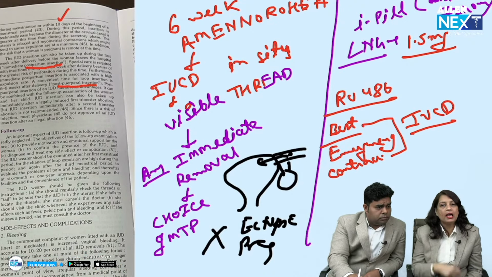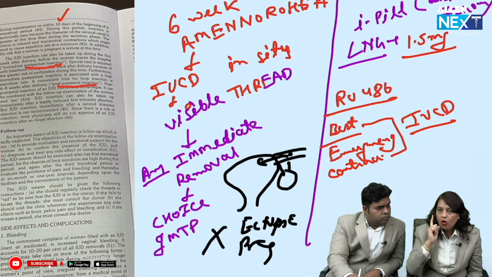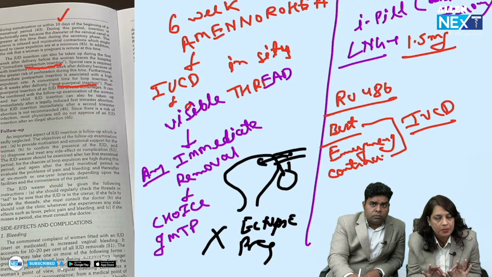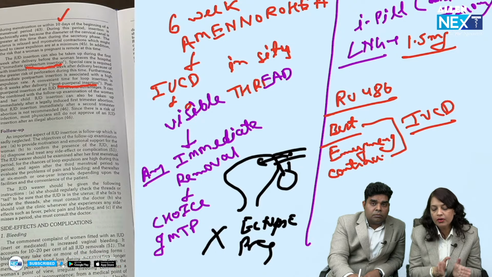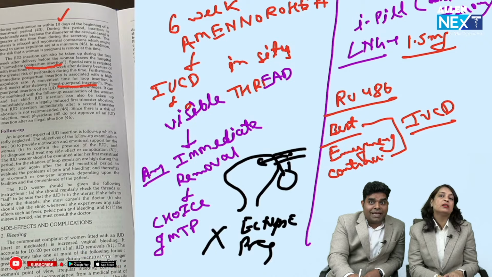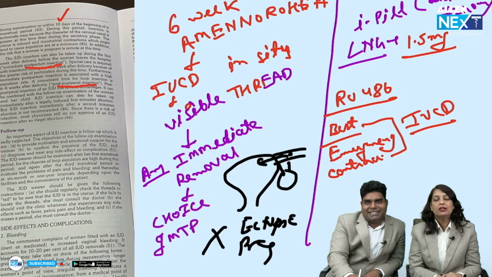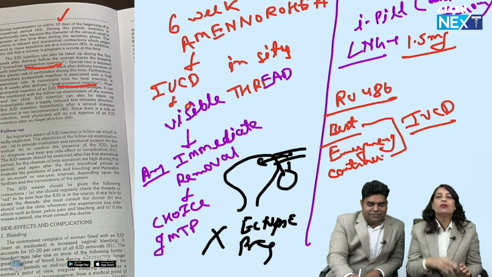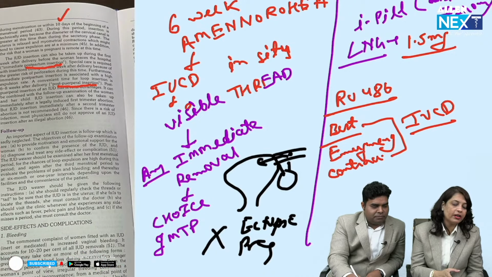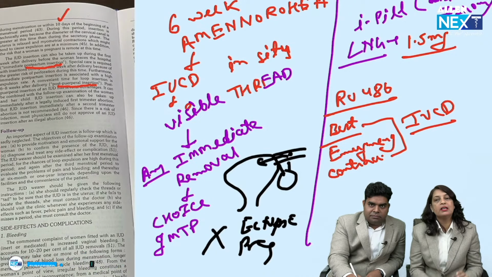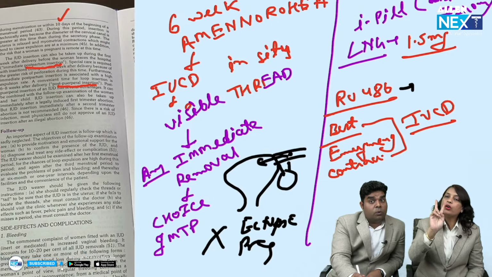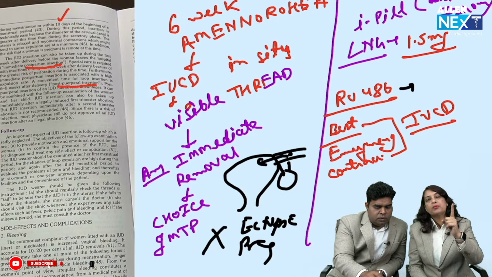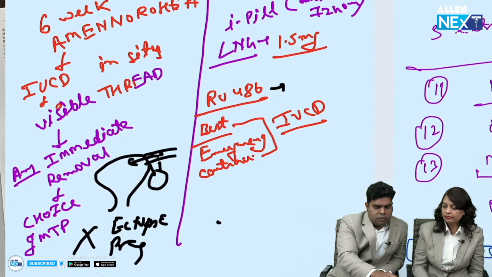Can you tell me any other hormonal emergency contraception not available in India, but used worldwide outside? That is ulipristal, 30 milligram within 5 days of unprotected coitus. Ulipristal is a selective progesterone receptor modulator. It has only two uses, emergency contraception and to shrink the fibroid.